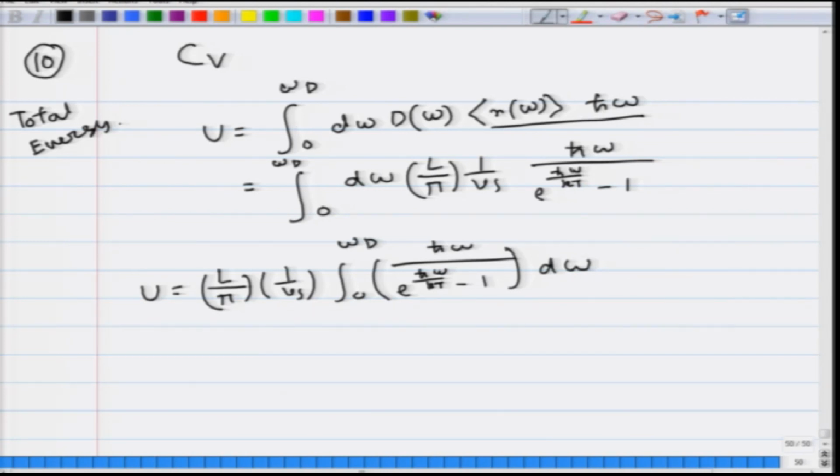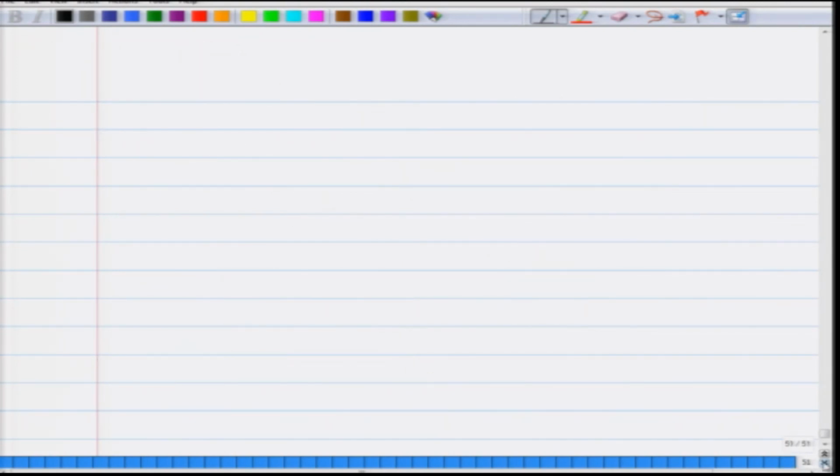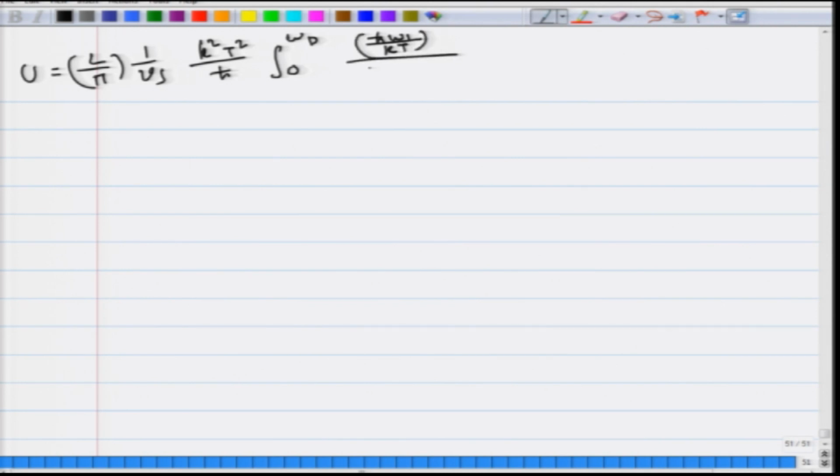So this is your form, and now we put x equals h cut omega d by kt, and we just put this here. We will get U as L by pi 1 by Vs, k square t square by h cut, 0 to omega d, h cut omega by kt by e to the power h cut omega by kt minus 1, into h cut by kt into d omega.